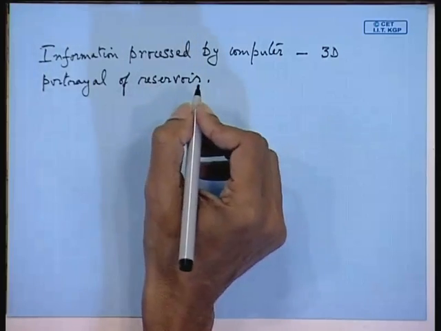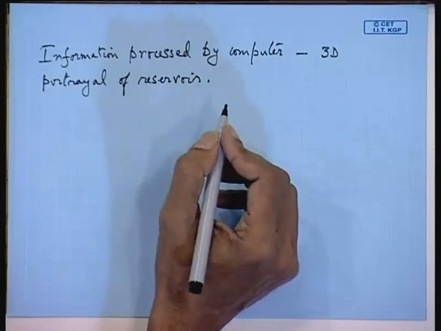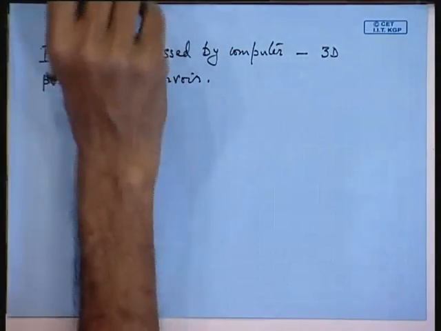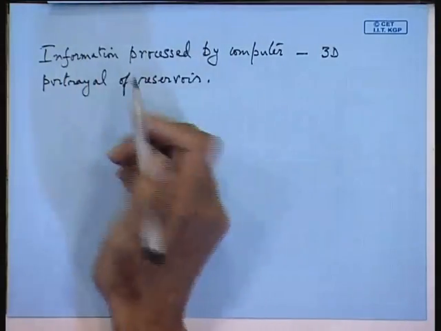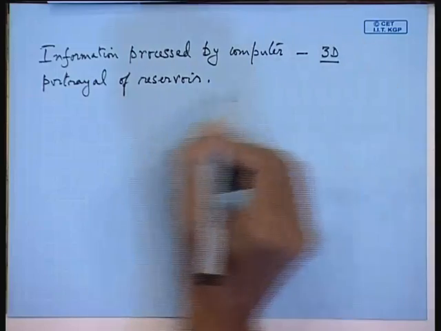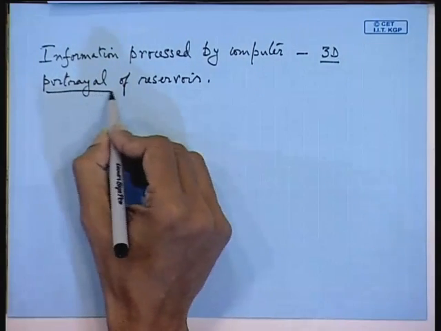This information is supplied by your geophysicist by doing these 3 kinds of survey: gravimetric, seismic, magnetic. So, in the computer you will get a 3D plot of the reservoir.